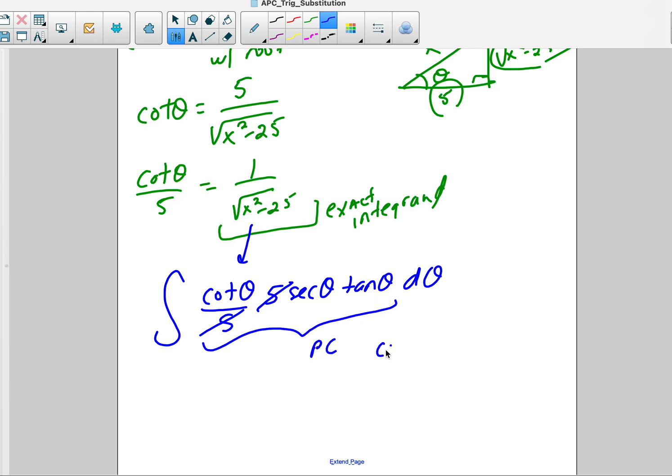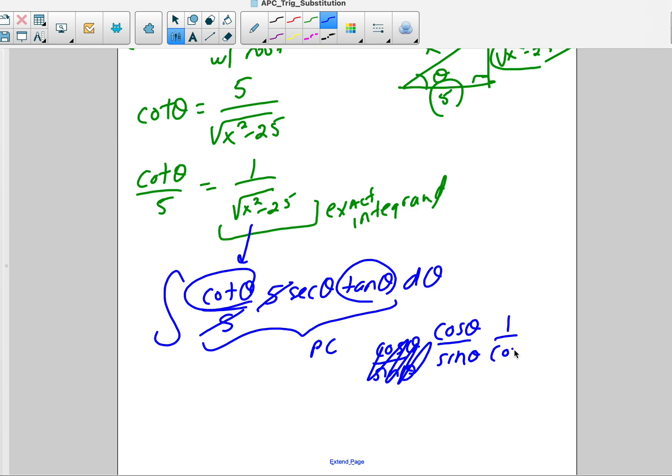So cotangent is cosine over sine. Oh, I don't even have to do that. Ooh, this one's a little bit tricky. Cotangent and tangent are going to magically cancel to 1. I could make this a cosine over a sine, this a 1 over a cosine, and this a sine over a cosine. But these are going to cancel, and I'm going to be left with the secant anyway.